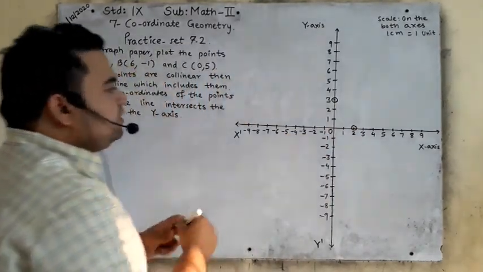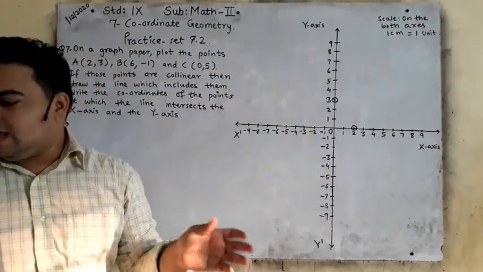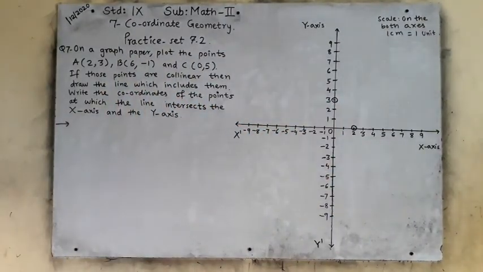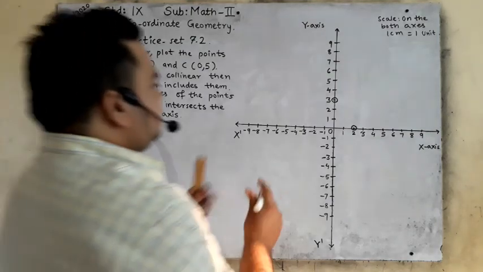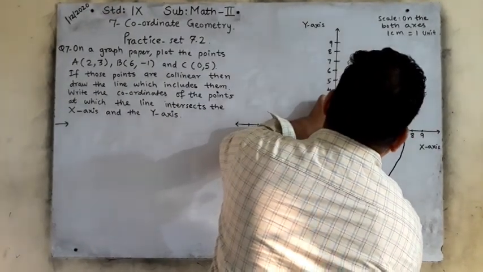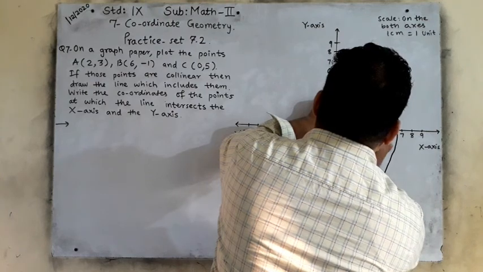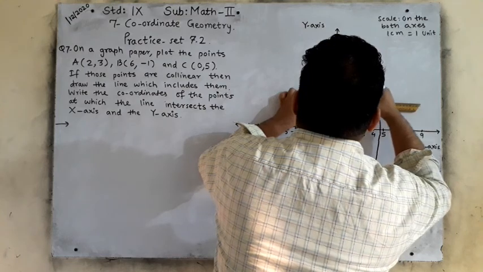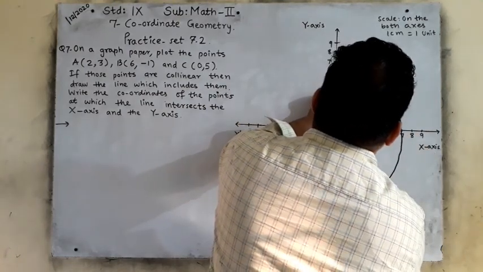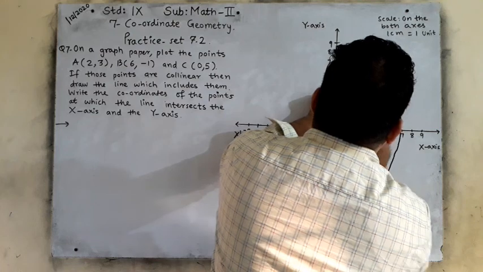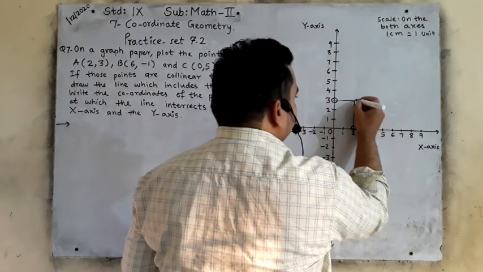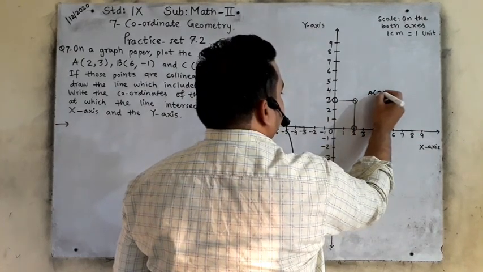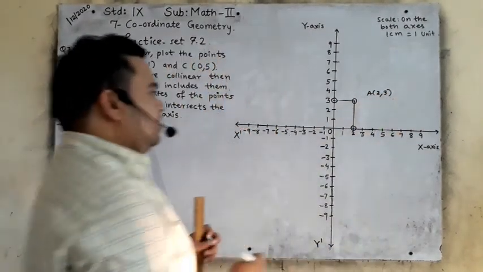Now we will join them with the help of the scale and pencil and make a line. You know very well how to draw the lines. Wherever these lines meet each other, that point is point A, and A is 2, 3. Okay, the first one is done.